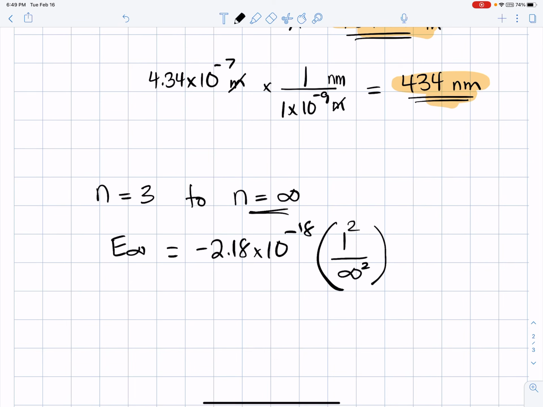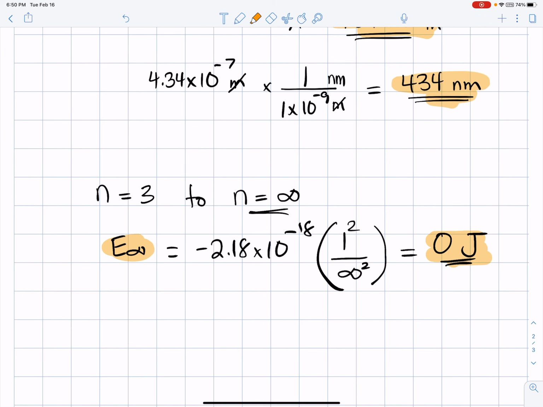And since it's getting infinitely small, we can say by reasoning, not because of a calculator, that E infinity is going to equal 0 joules. Because you're dividing by something infinitely large, the answer gets infinitely small, which means it's 0. So E infinity, you wouldn't calculate it on a calculator. You'd set it up like we just did here, and you would say it equals 0 joules.